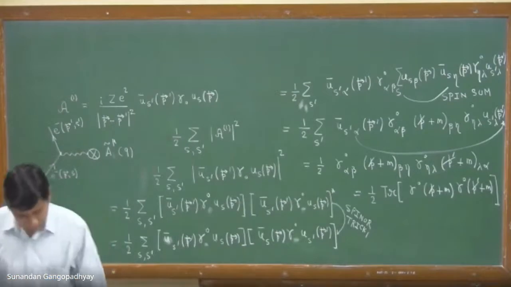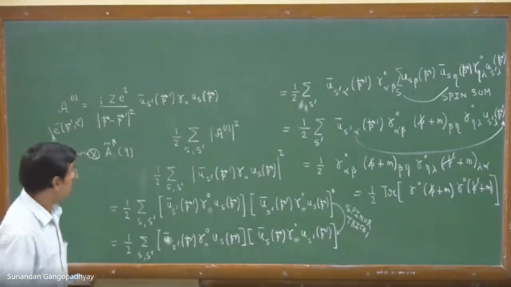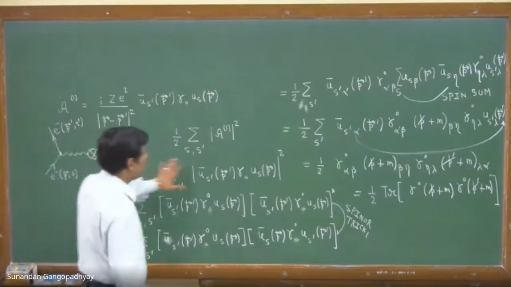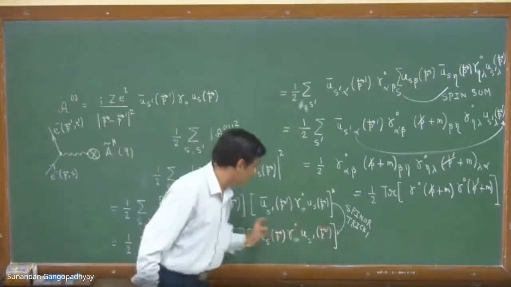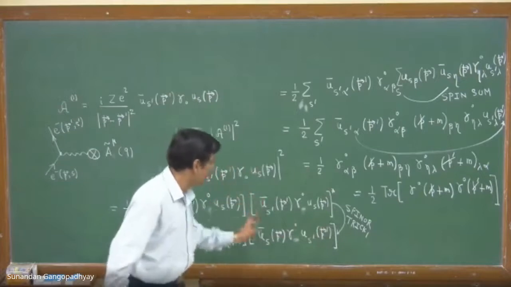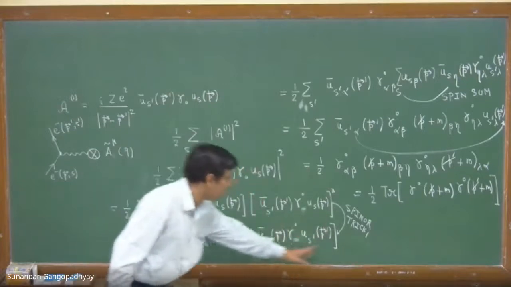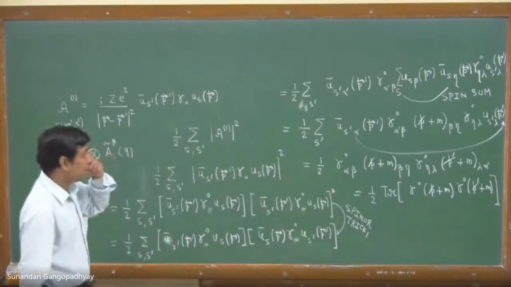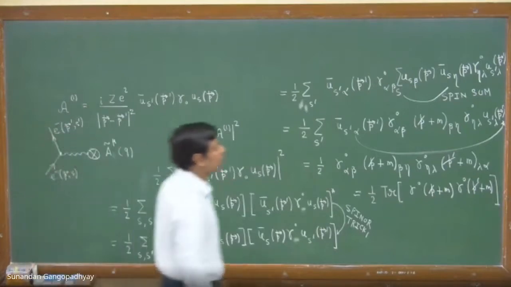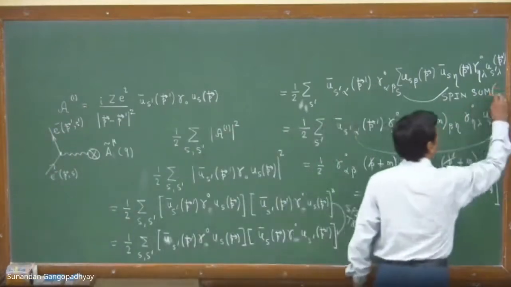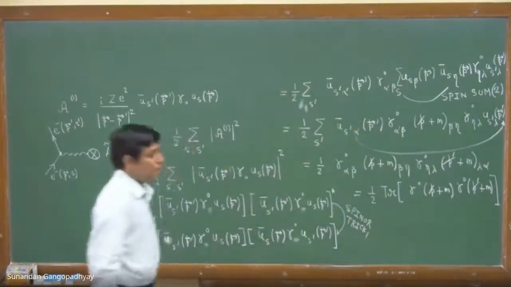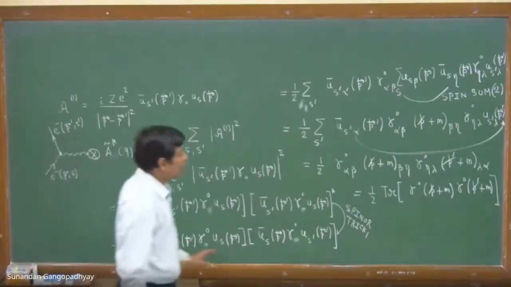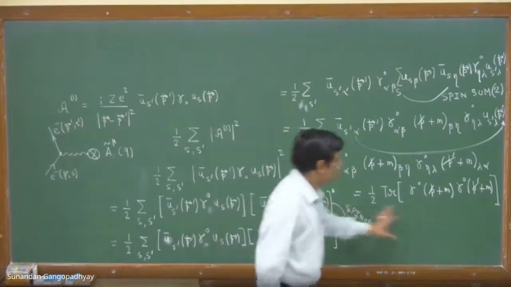So what we have obtained is, for this quantity that we wanted to calculate, we have first of all used the spin sum trick 1 to write down the formula in this way, and then we have applied trick 2 twice to carry out the sums over S and S prime, and once you carry out the sums, what you get is a trace.